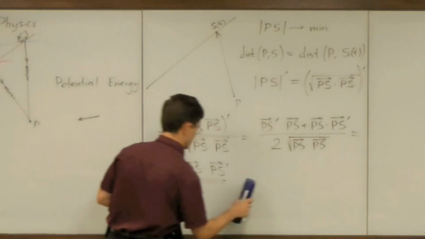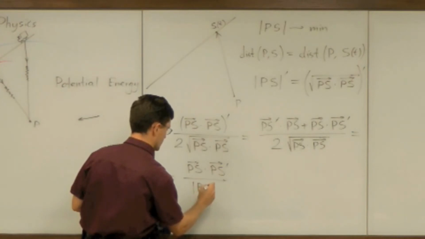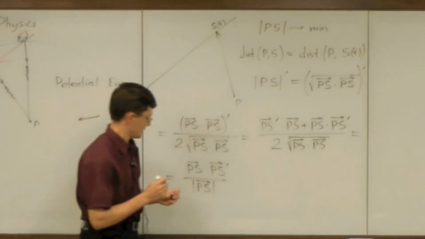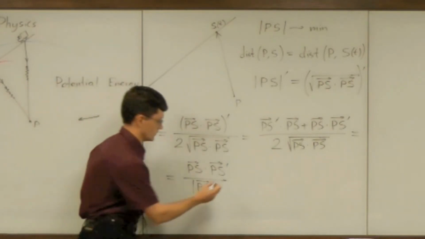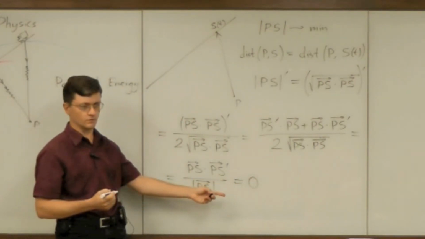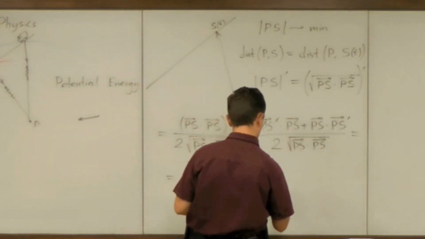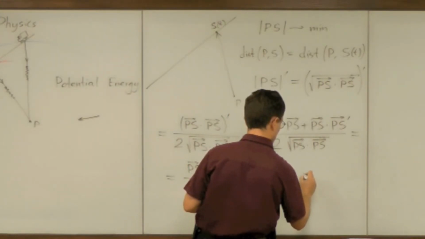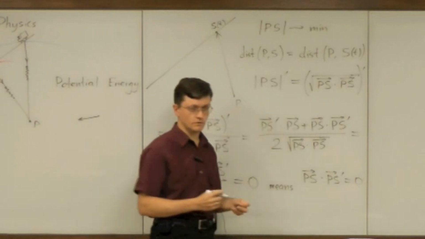Well, let me just replace the square root of the dot product with the magnitude of the vector PS. That's what the square root is. Because I don't really care about the denominator, for the reason that what I want is to solve the equation this equals 0, which makes the numerator equal to 0. So this means that PS dot PS prime must be 0.